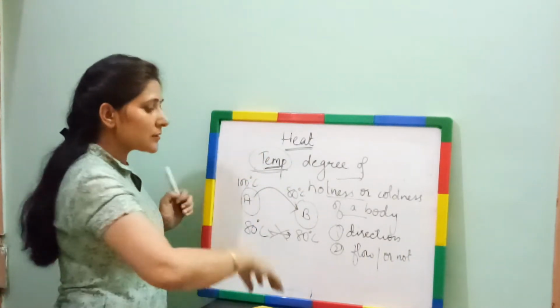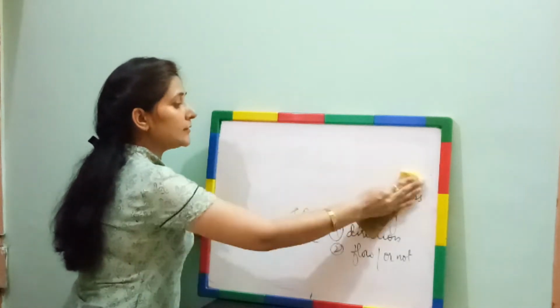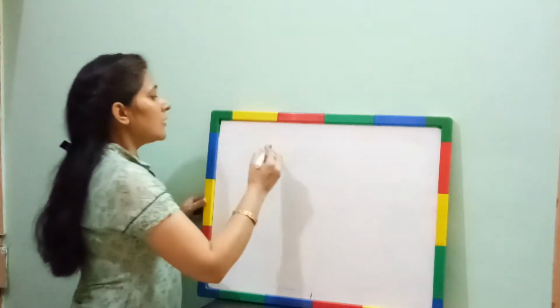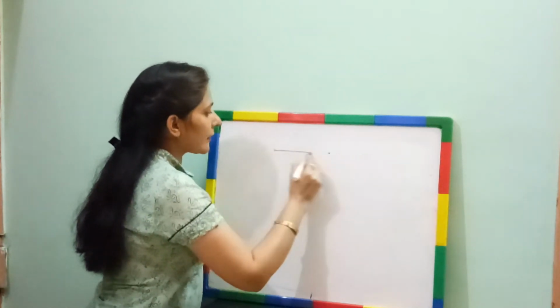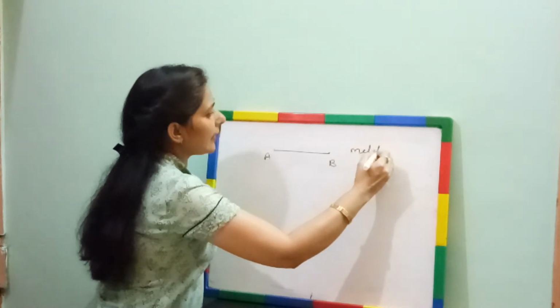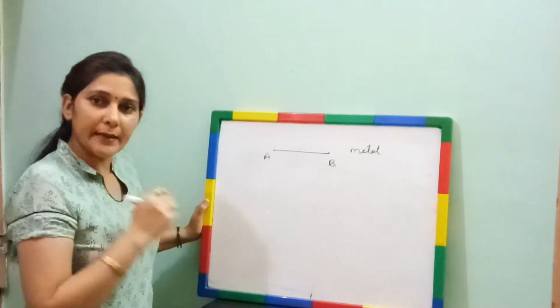This is the similar thing which we can do in current with the help of potential difference. How? Take this as a wire AB, and suppose it is made up of a metal. As we are aware, metal is a good conductor.